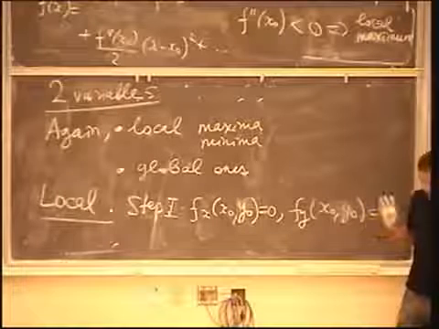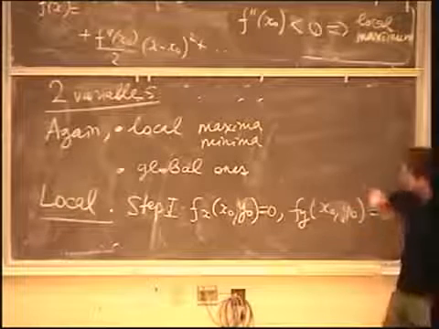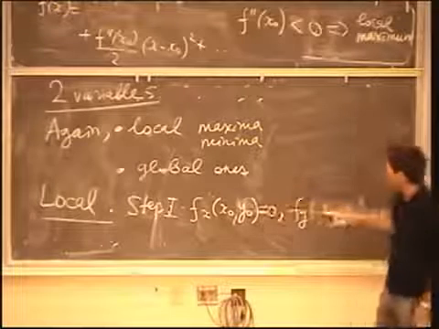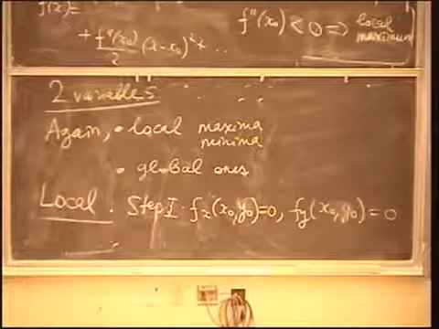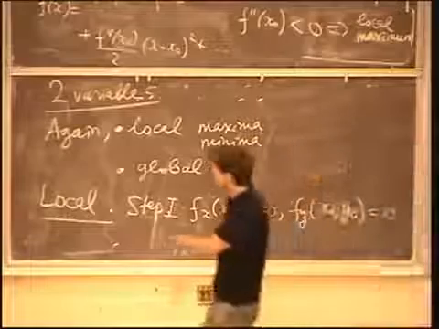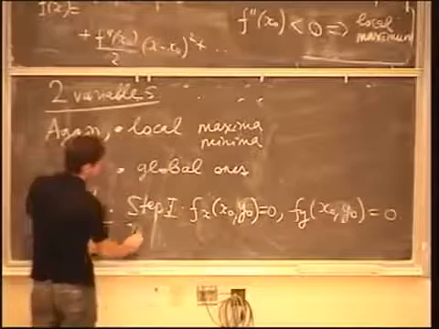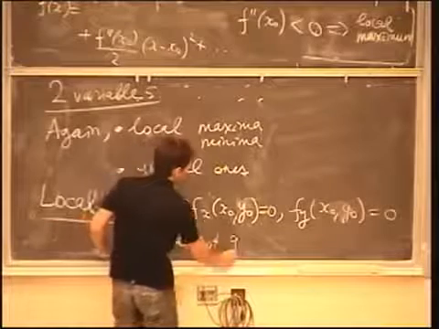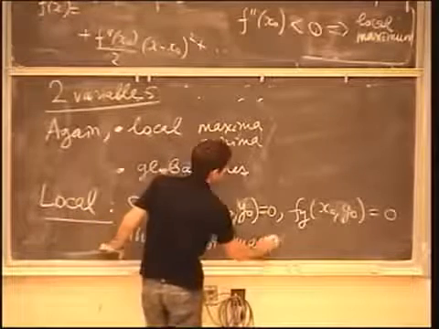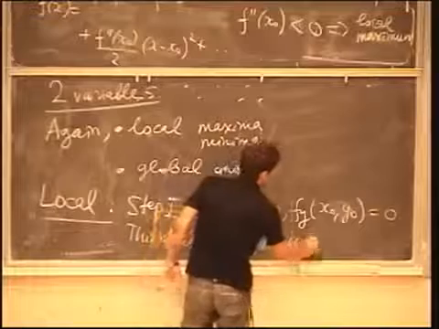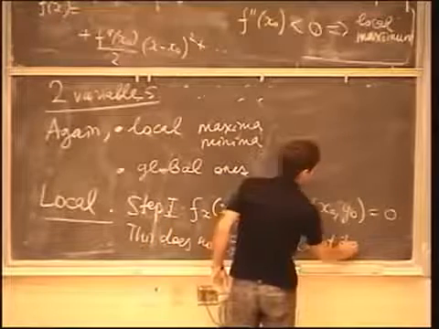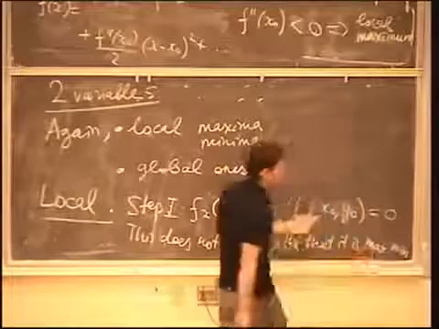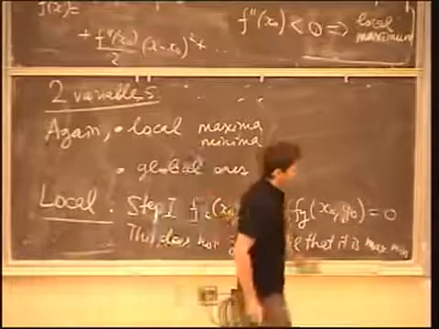So when you narrow down your search, you throw everything else away. You just keep the points for which both partial derivatives are 0. But this does not guarantee that it is a maximum or minimum, just like in the one variable case.